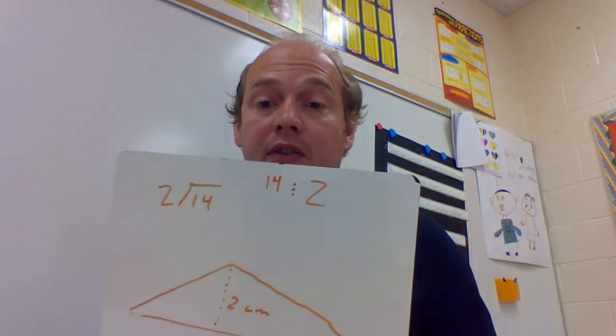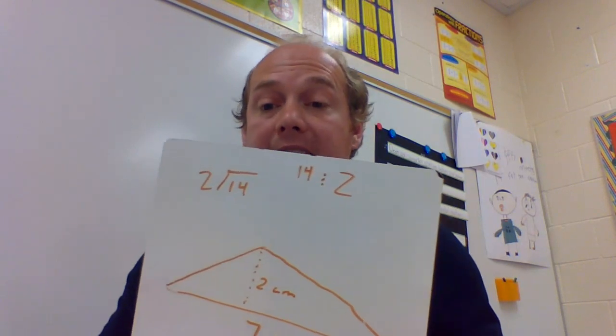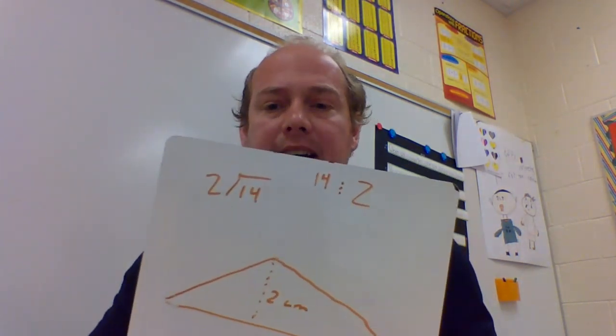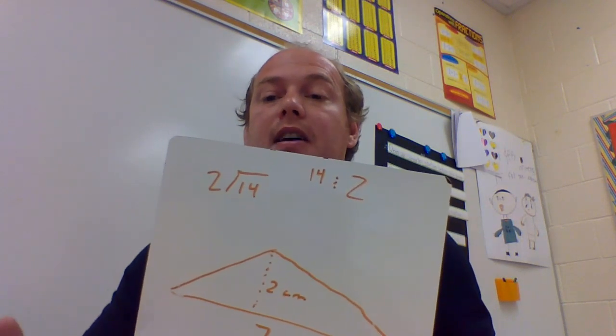Once again, keep, change, flip. We're going to divide by half, or multiply by half, which is you're going to end up having 14 divided by 2. Either way you do it, just know that a triangle is length times width divided by 2. Or what you're more likely going to hear in middle school is base times height divided by 2. Because when we're talking about a triangle, we don't use the terms length times width. We use the terms base times height.